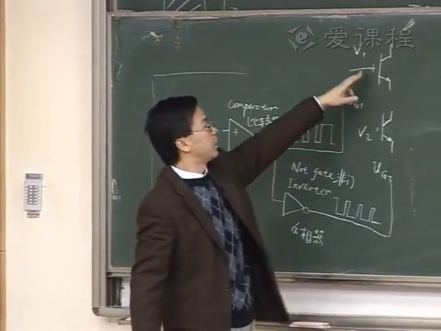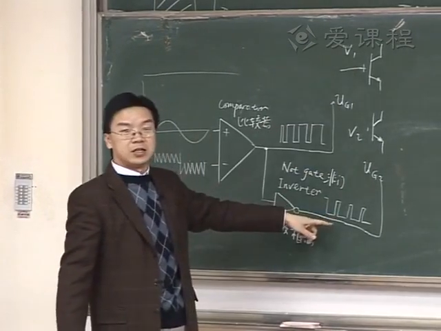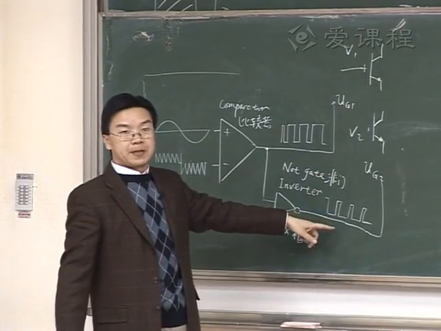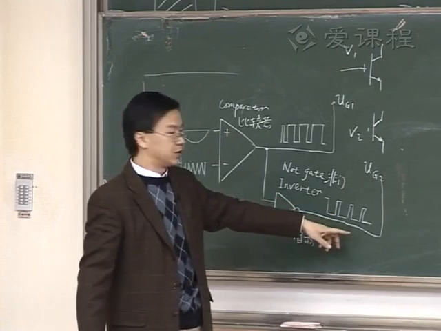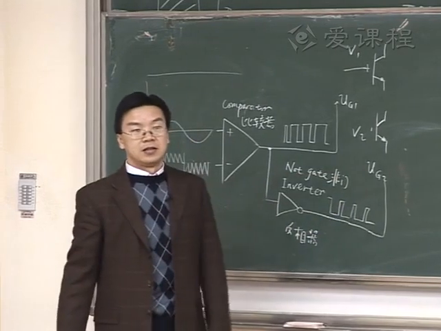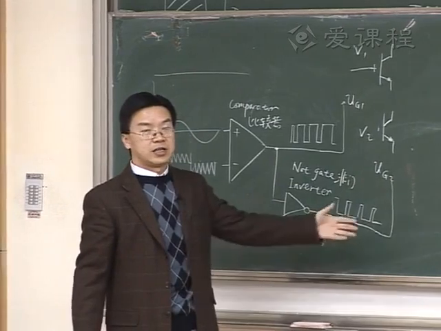So when I turn on V1, I have to send a not-turn-on signal, that means a turn off signal, to V2. I can do that.